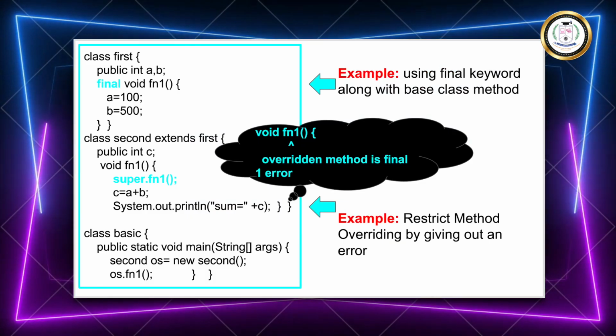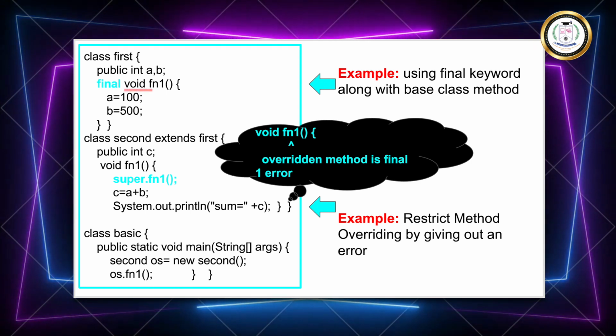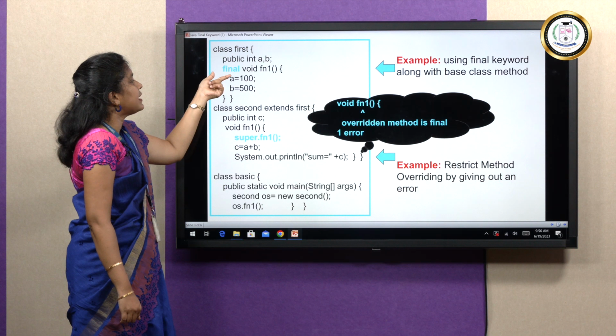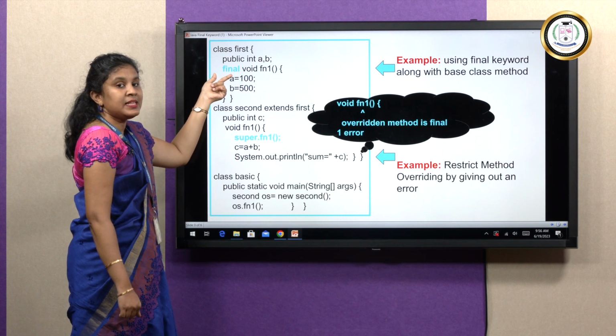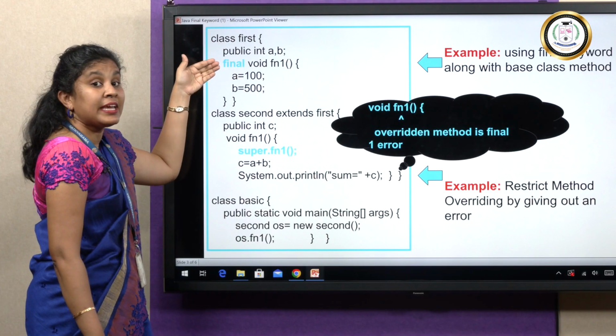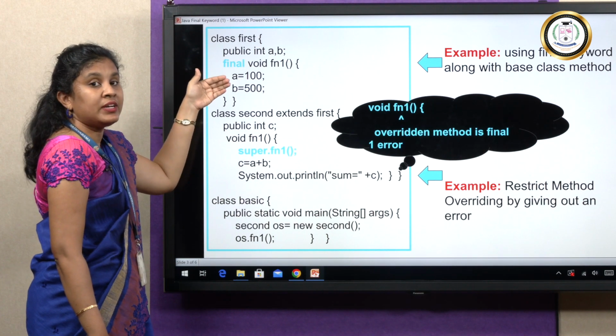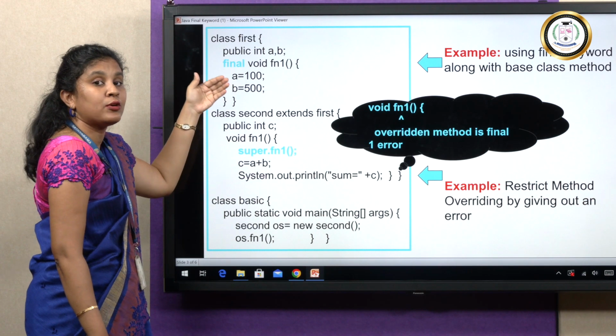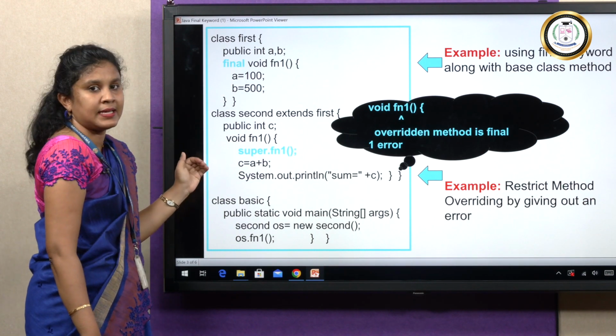The base class has a function called void fn1, and this function is present with a final keyword before it. This means that this particular function cannot be overridden. Overridden in the sense that the name of the function cannot be used in the derived class once again.